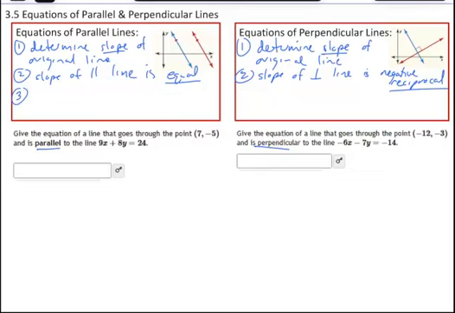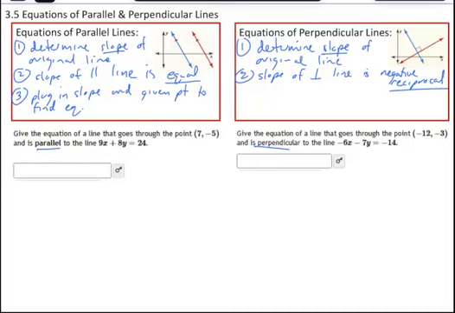And then the final step is you're going to plug in the slope and the given point to find the equation. Okay, and you can use either form. You can use point-slope, which is what I do recommend.